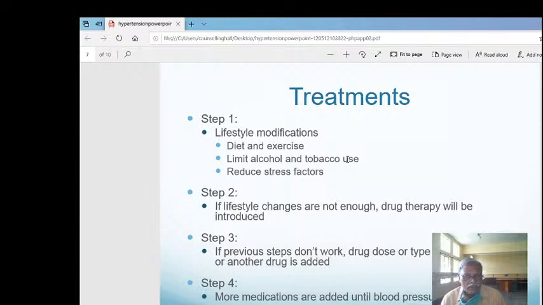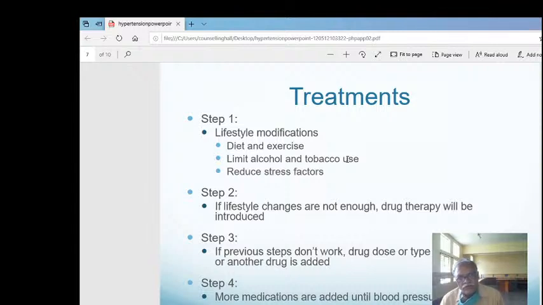If you are a drinker, better do not exceed more than 60 ml per day for males, 30 ml per day for females. So maybe ideal and best is to stop alcohol. And tobacco use should be curtailed or reduced, whatever it is. Stop the tobacco.